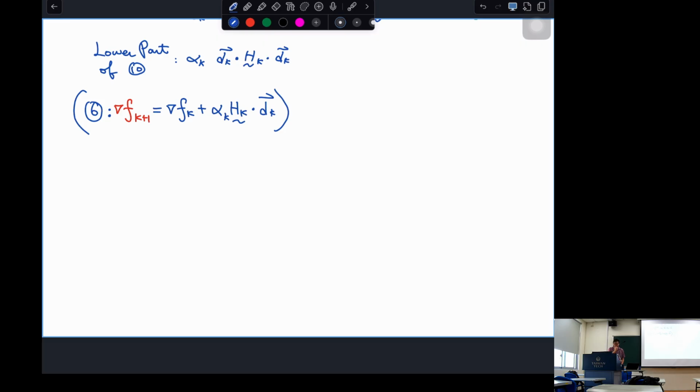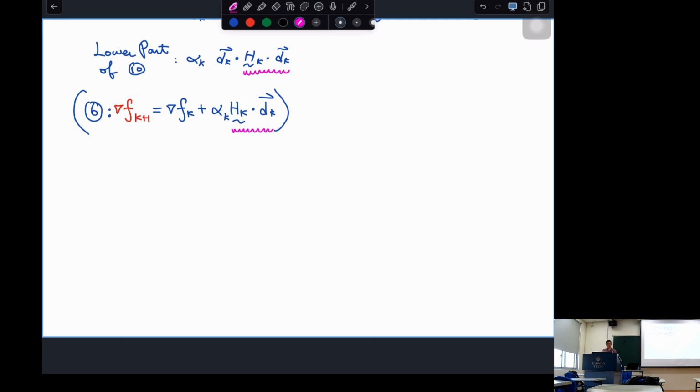From here, you notice that some part of equation 6 is similar to the lower part of 10. Right here and right here, there are some common terms.